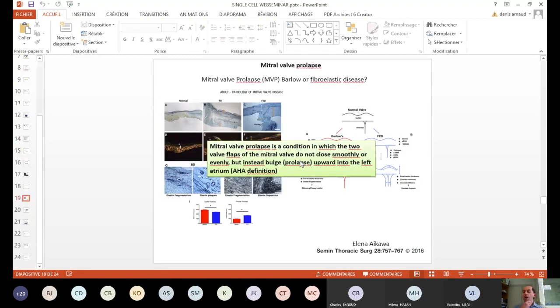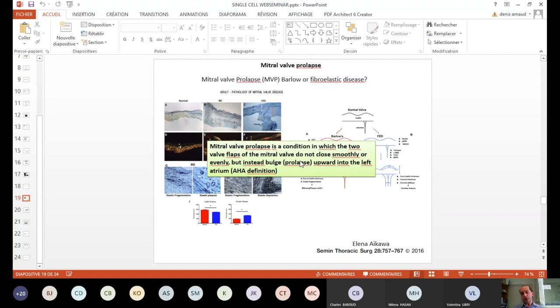So, going to the second and last part, in terms of disease. I was telling you that we are focusing on the mitral valve because there is one disease which is very prominent, which is mitral valve prolapse. It is due to the fact that these valves secrete too much extracellular matrix proteins, so they enlarge.